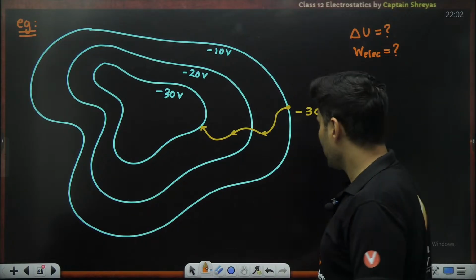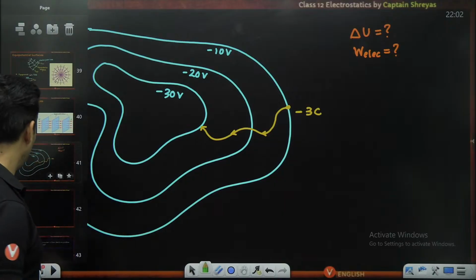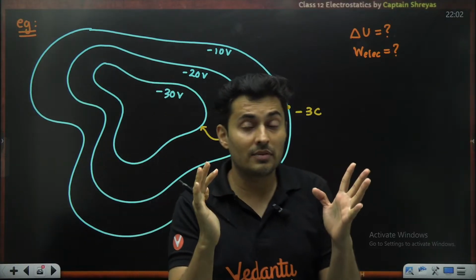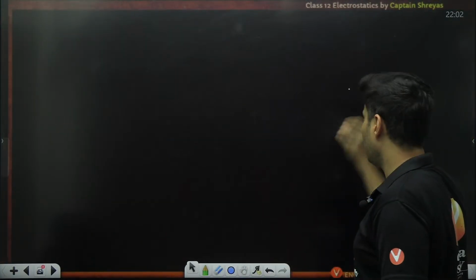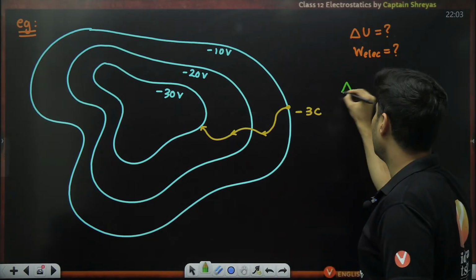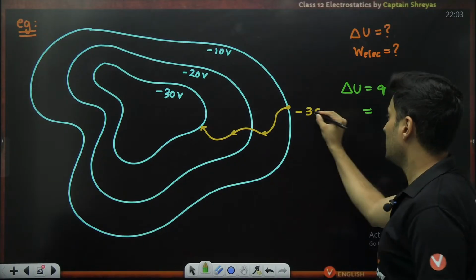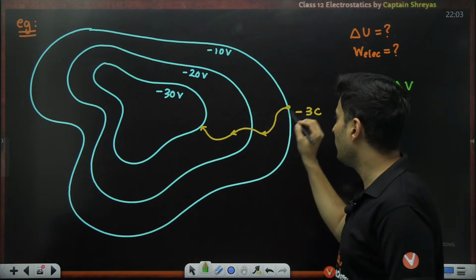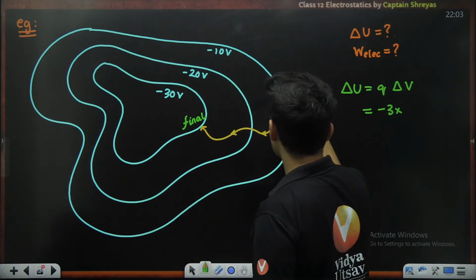Well, if you notice over here, I'm taking the charge from one potential to the other potential. So there is a potential difference, so there will be a potential energy difference. We know the formula for it. The potential energy difference is charge into voltage difference. The charge you are taking is -3 coulombs. Potential difference, final minus initial. Please remember, this is final, this is initial.